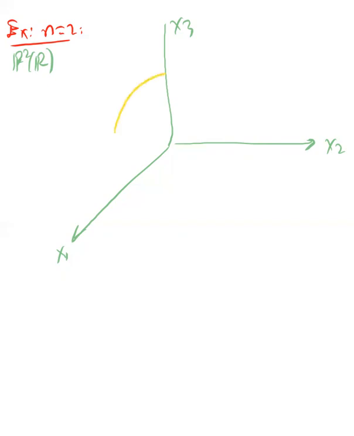Every one-dimensional subspace can be represented by a point on this hemisphere, where again on the boundary the antipodal points are identified. This point is equal to that point, etc. For instance, let's use this color.